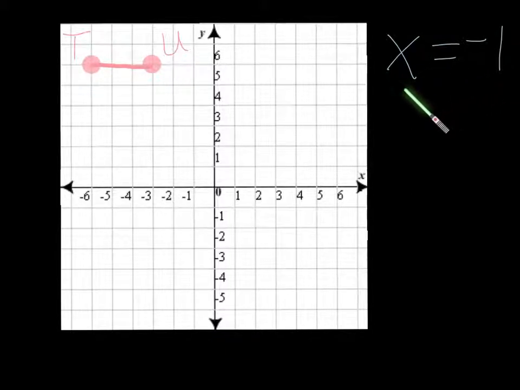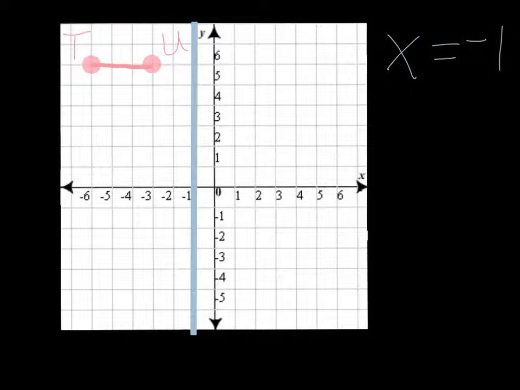Now you should recall from graphing lines that this is not in y equals mx plus b, so it does not have a slope. Its slope is undefined. So I'm going to go to -1 on my x-axis, and I'm going to draw a vertical line straight up and down.